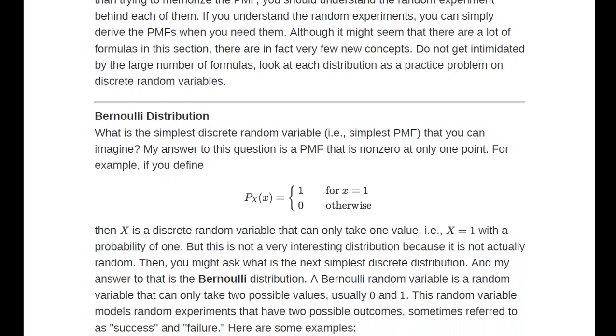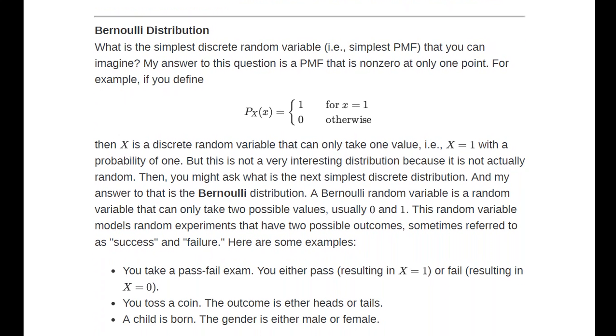What is the simplest discrete random variable that you can imagine? My answer to this question is a PMF that is non-zero at only one point.